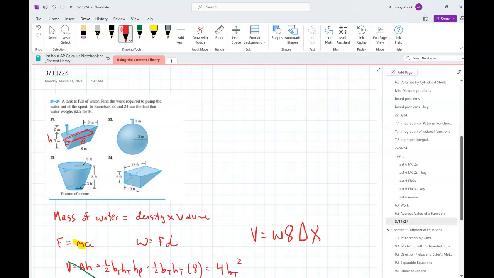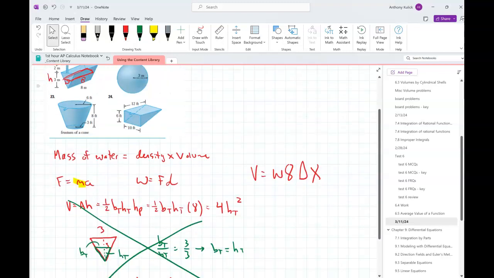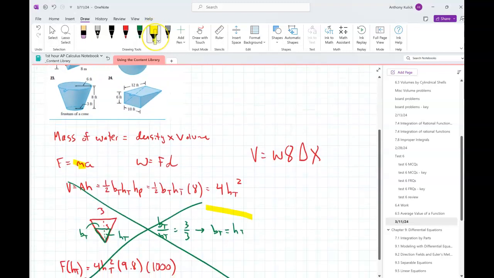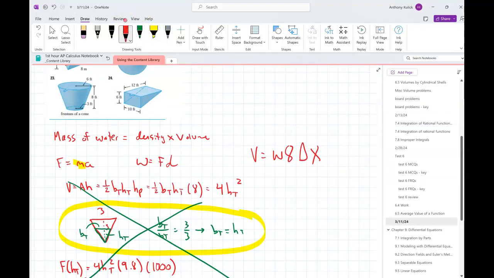Because we're just pumping a little rectangle worth of water that's delta x deep. You're thinking about it as a box that's delta x deep, or tall, or whatever you want to. And I know that just like we did here, that width is the same thing as the height of our triangle, right?